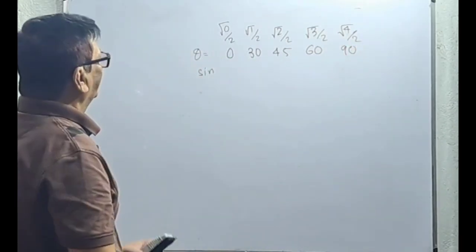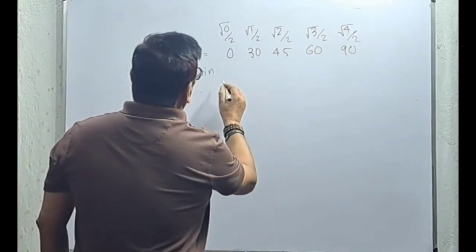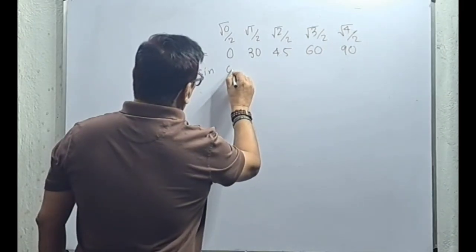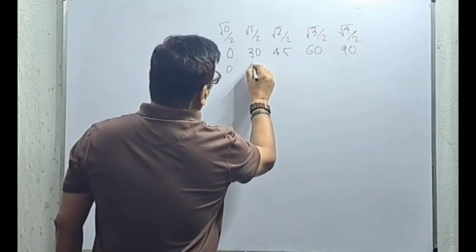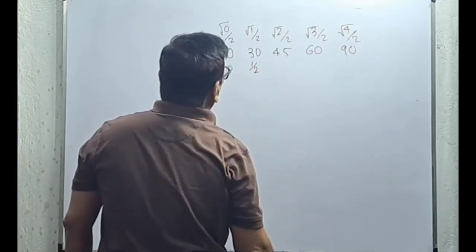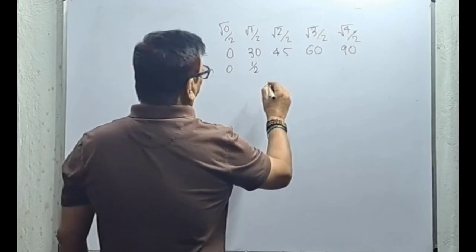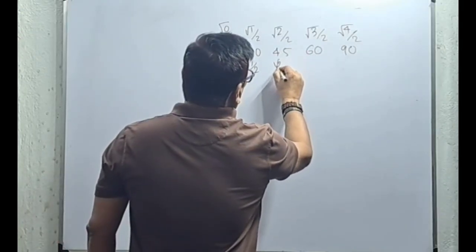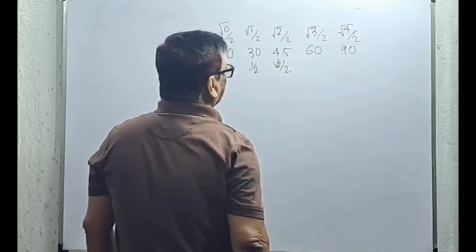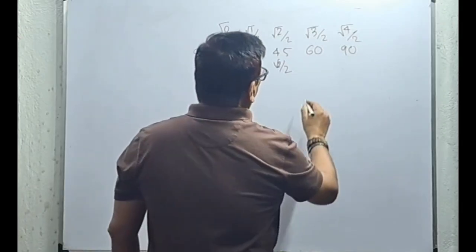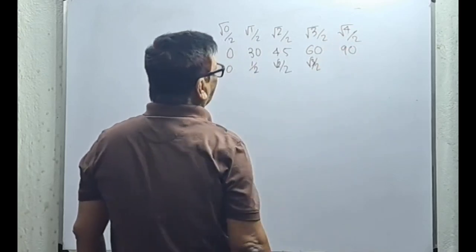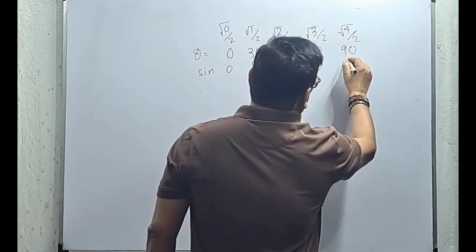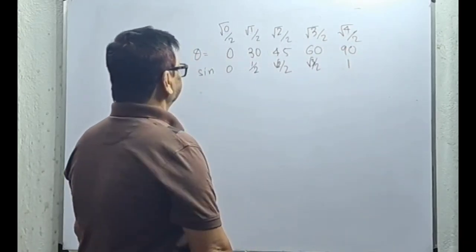Right? Okay. Now see, sine 0 is 0, 0 by 2. Sine 30 is 1 by 2. Sine 45 degree is root 2 by 2. Sine 60 degree is equal to root 3 by 2. And sine 90 degree is 1. Right?